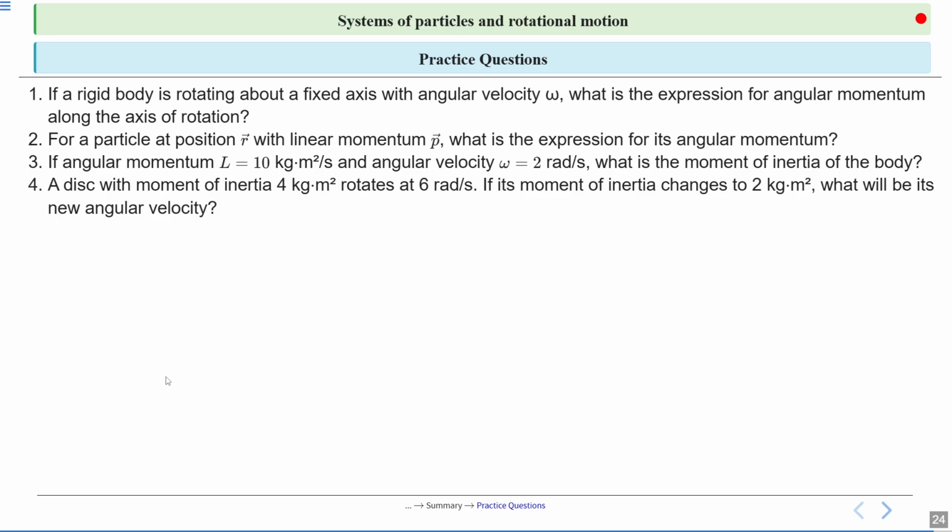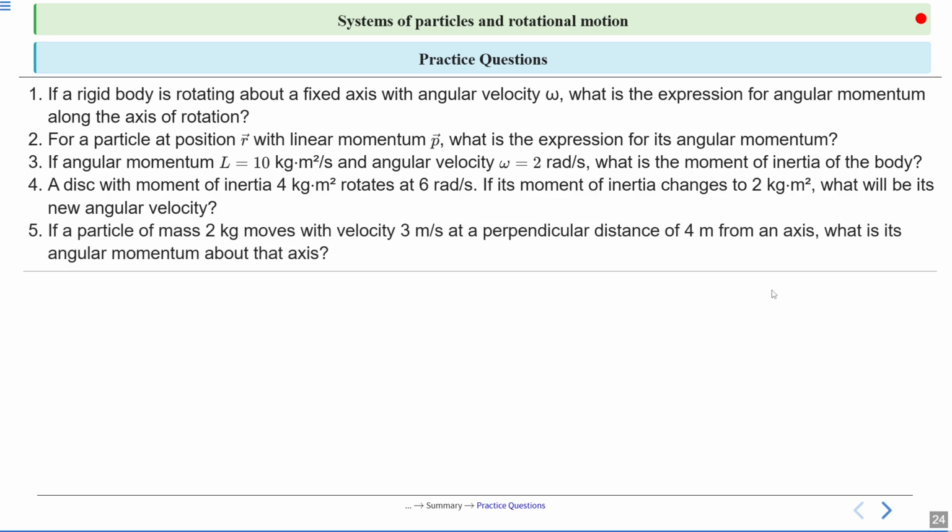If its moment of inertia changes to 2 kg meter square, what will be its new angular velocity? Fifth one, if a particle of mass 2 kg moves with velocity 3 meter per second at a perpendicular distance of 4 meter from an axis, what is its angular momentum about that axis?